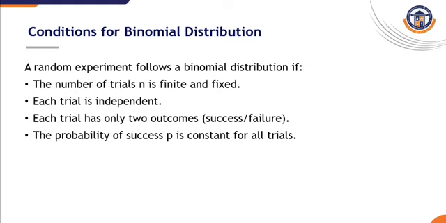Next condition: each trial has only two outcomes, success or failure. The probability of success p is constant for all trials, the same in the entire set of trials.